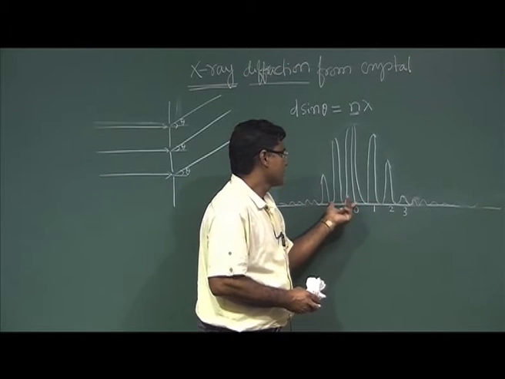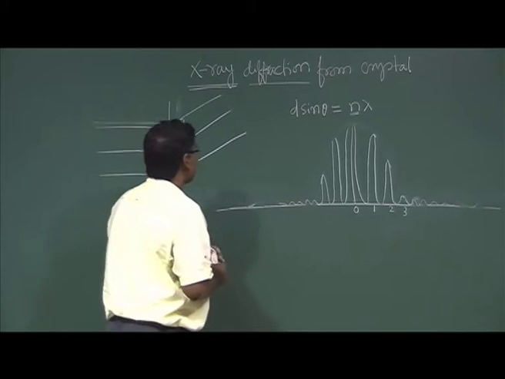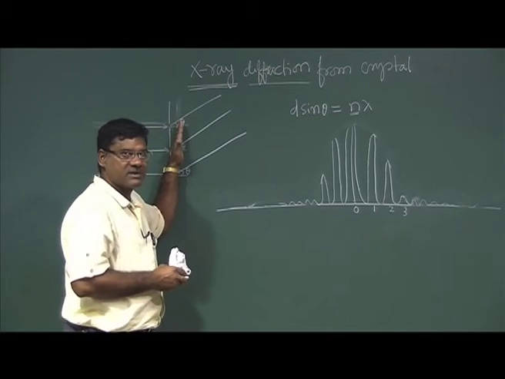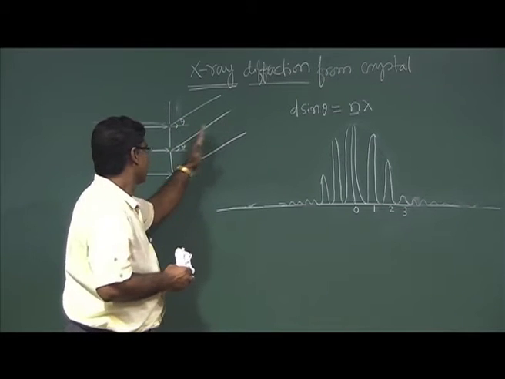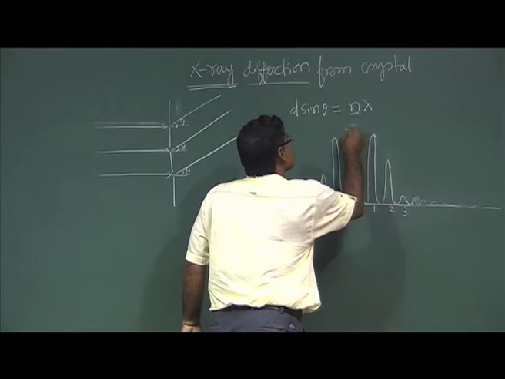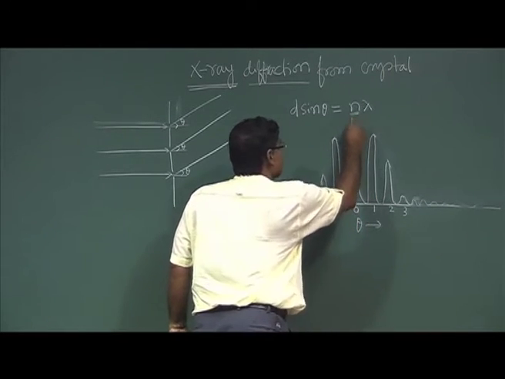These are due to interference of secondary wavelets. So, this is the angle and this is the intensity.